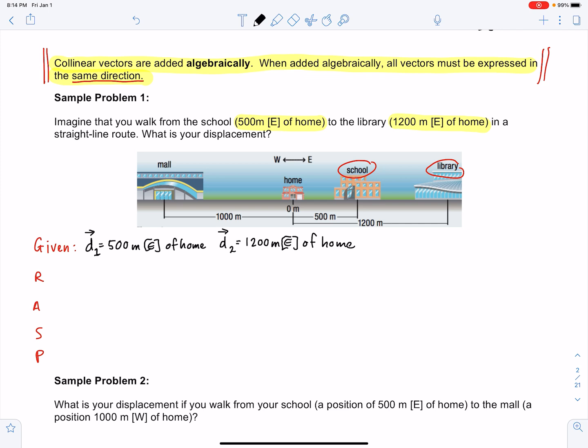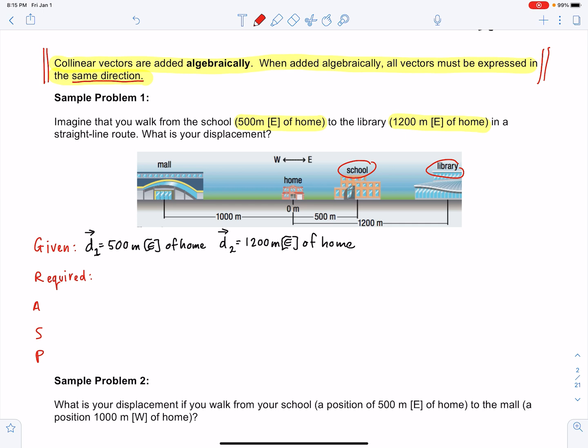The second part of the GRASP method is identifying what is required. And though this may seem easy, this is the second most difficult part of any problem-solving question. Just identifying what's required, what they're asking you to find.